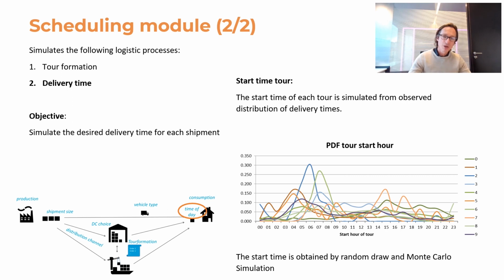So we know for each type of commodity at what time of the day the tours will take place. So what we did, we simulated a representative starting hour by using this probability density function and by using Monte Carlo simulation. This gives us the schedules and the exact times for all the tours in the study area, and also for the types of commodities.